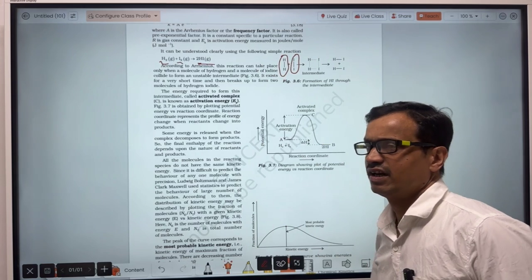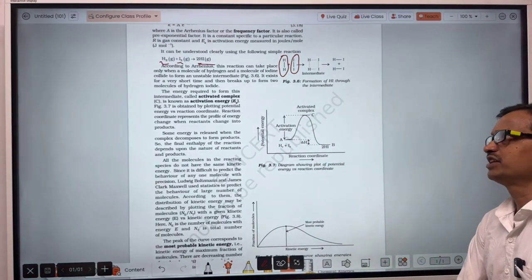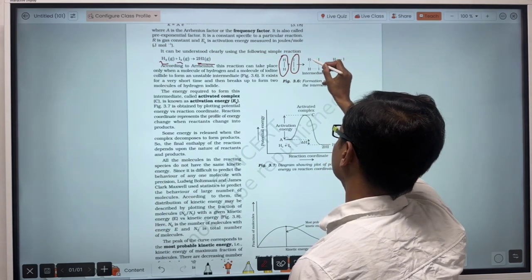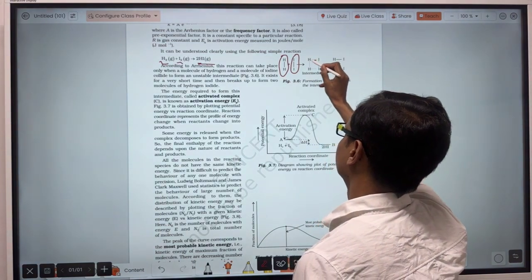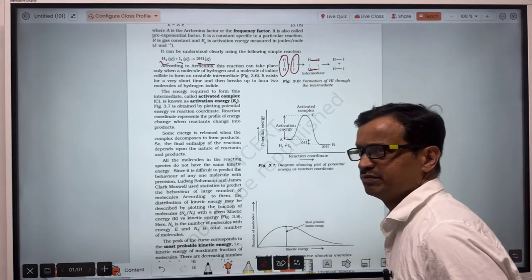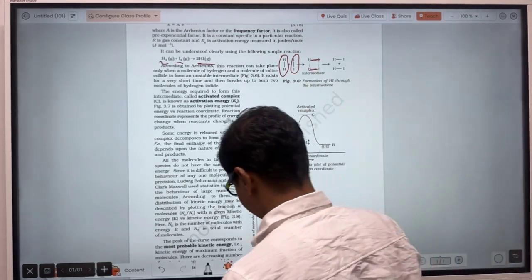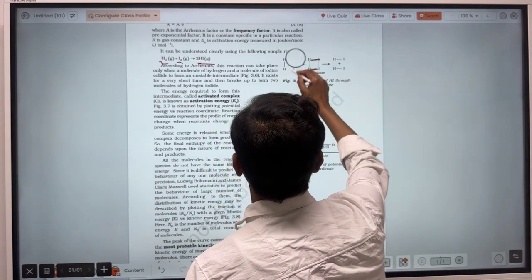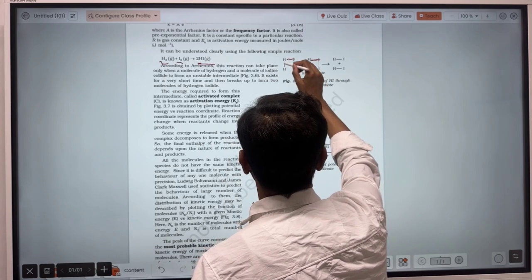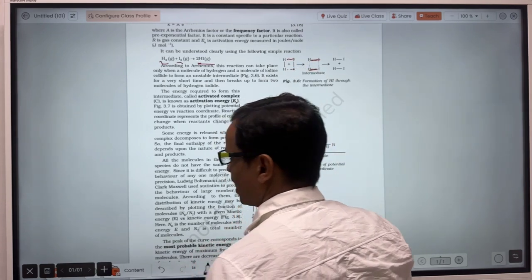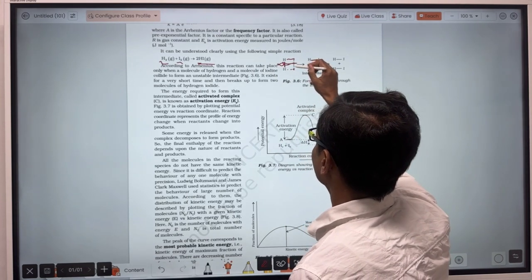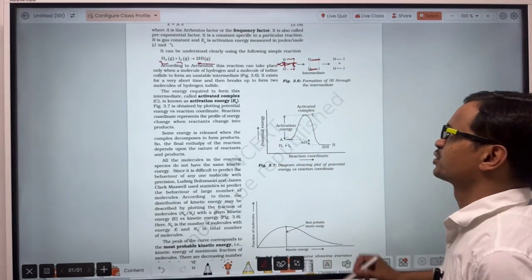When the hydrogen molecule and the iodine molecule collide, there will be some bond formation between this hydrogen and this iodine atom, and between this hydrogen and this iodine atom. At the same time, the bond between the hydrogen atoms and the bond between the iodine atoms will get weakened.